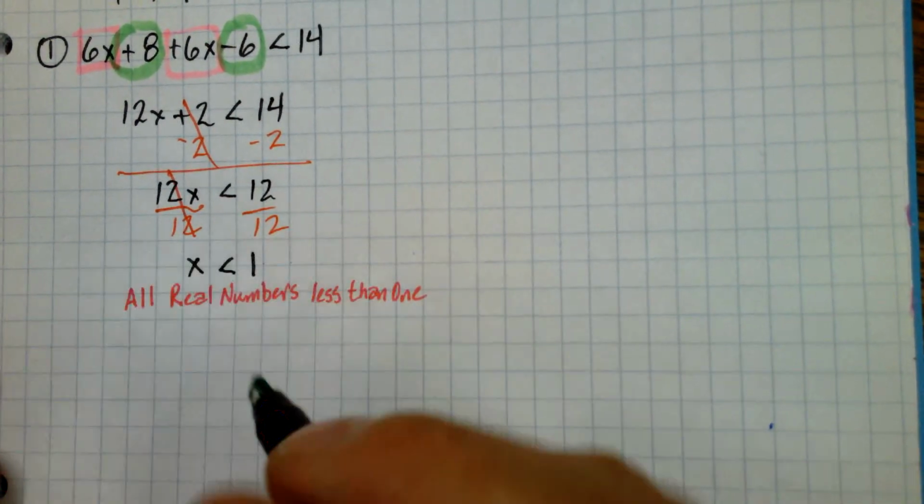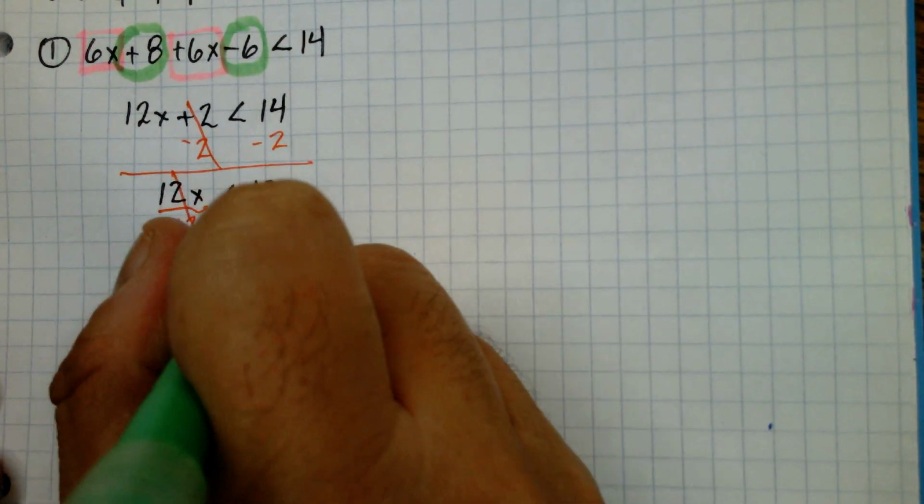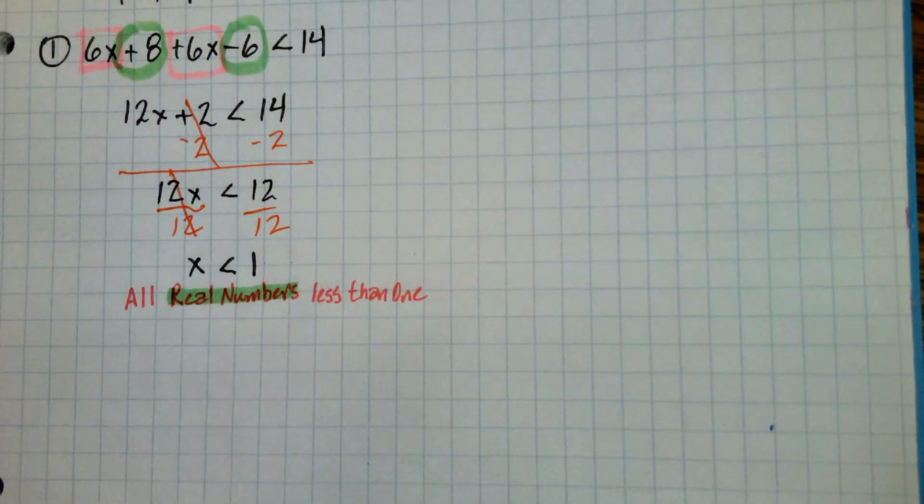And what are we saying when we make that statement, all real numbers less than 1? What does the all real numbers specify? It's basically everything that we're doing with the number line graph.